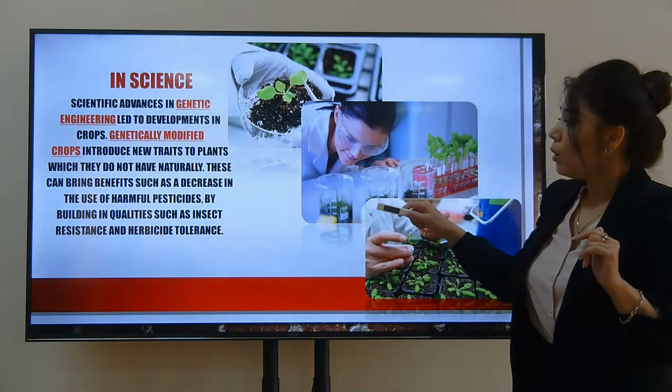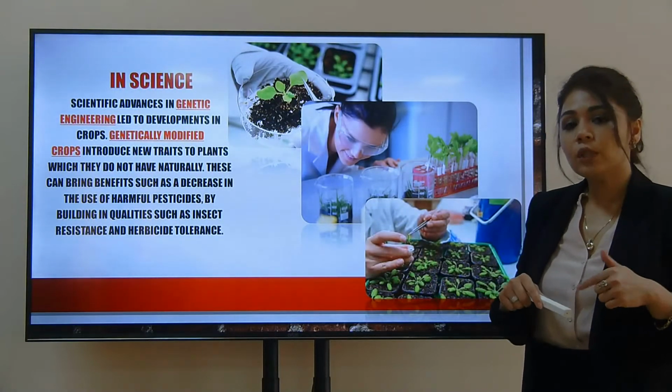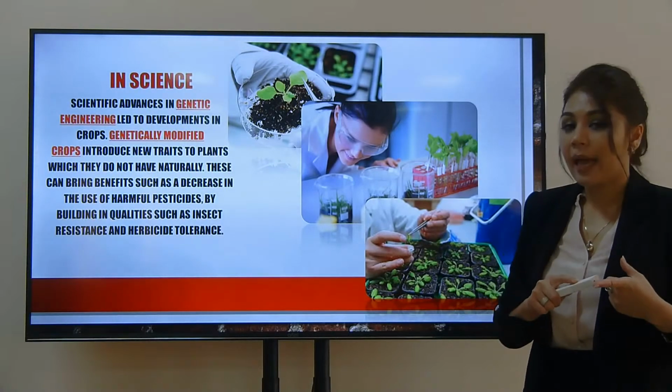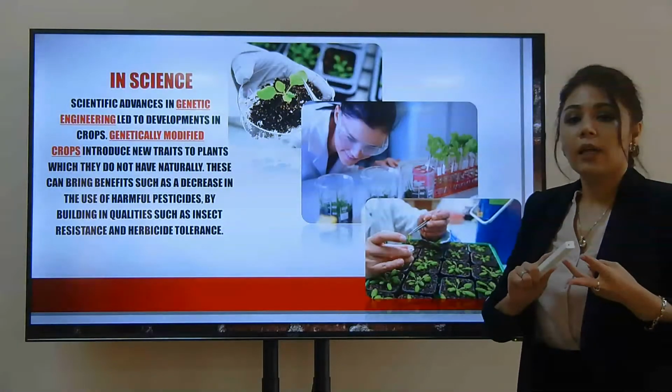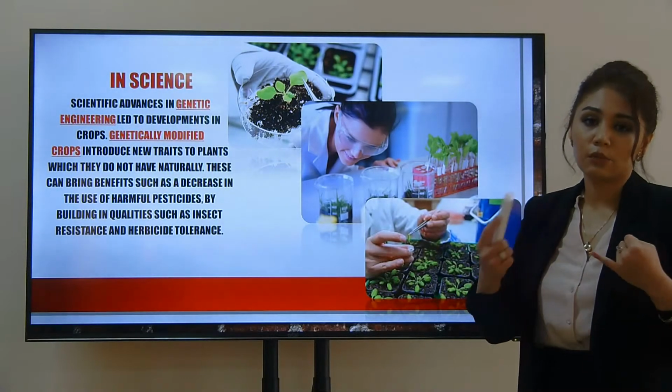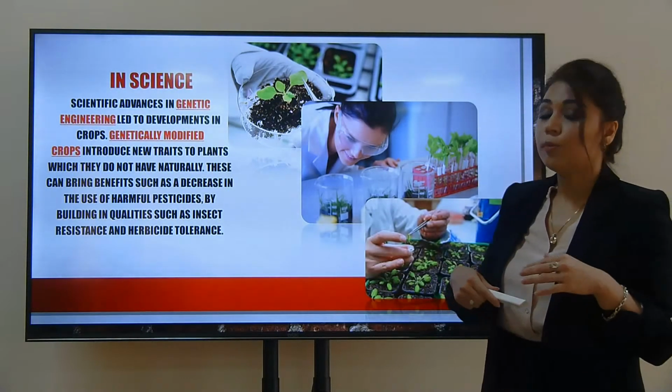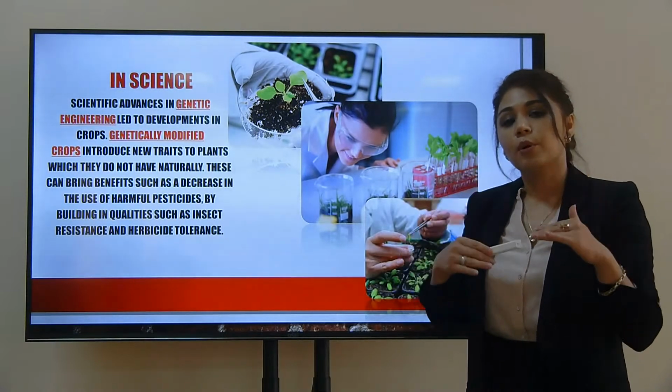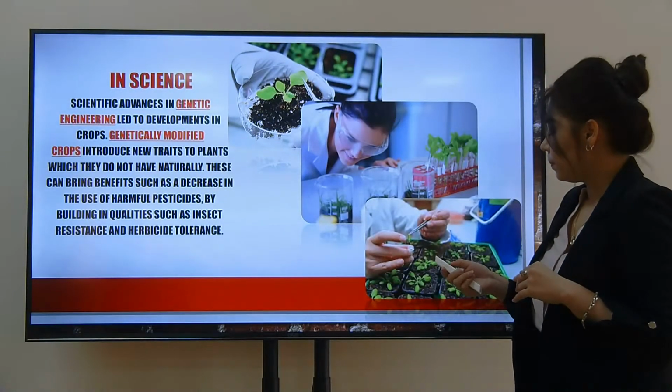GM crops include those resistant to certain pests, diseases, environmental conditions, and chemical treatments, and also those improving the nutrient profile of the crop.